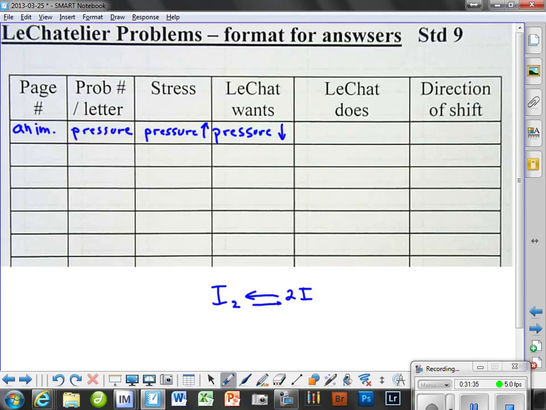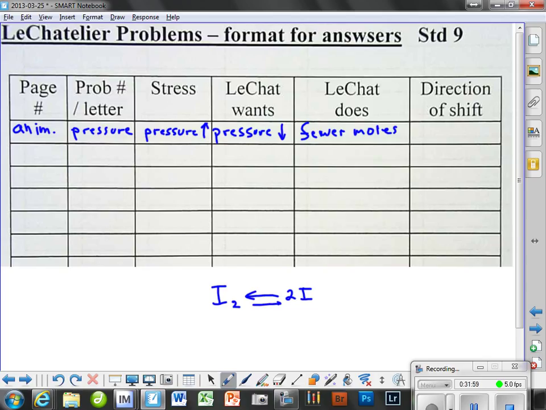How does he get down? If he's got to go down, he needs fewer moles, right? Fewer moles. And this one is really easy to tell because all you have to do is look at the total number of moles on each side.